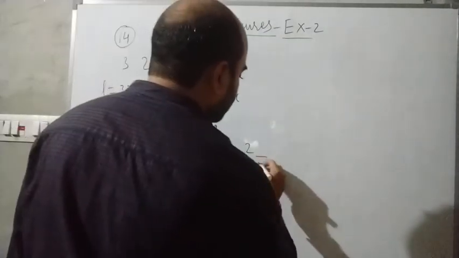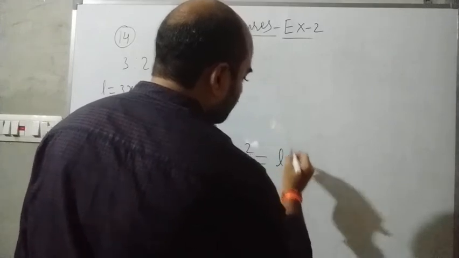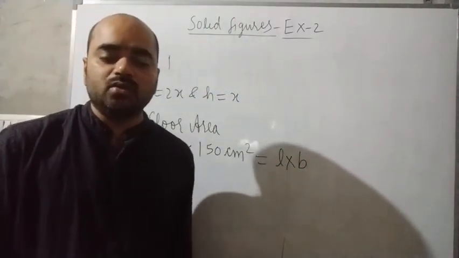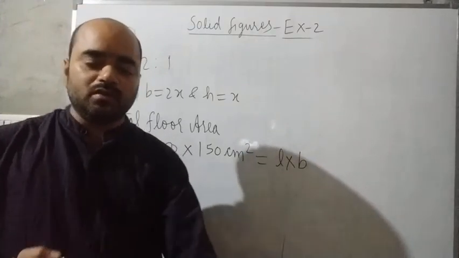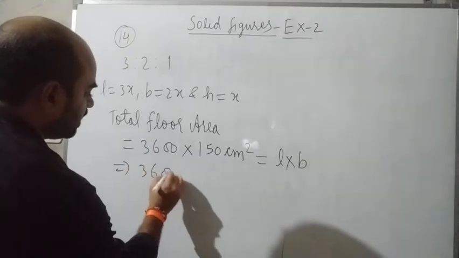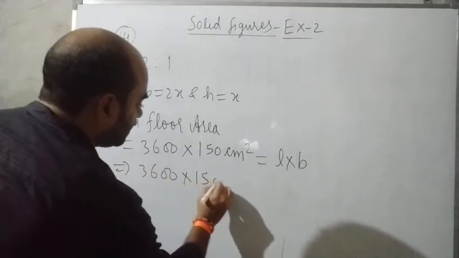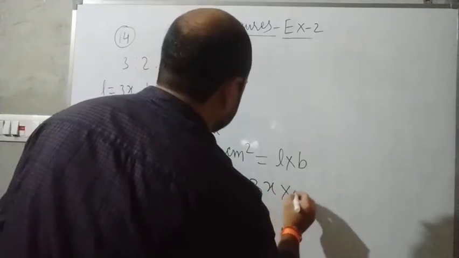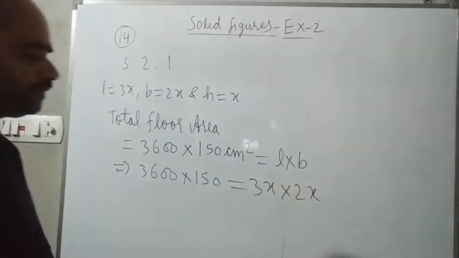Done. And what is the floor area? The formula for floor area is length into breadth. Then substitute the values. This is 3600 into 150 is equal to length 3x and breadth 2x. Correct.